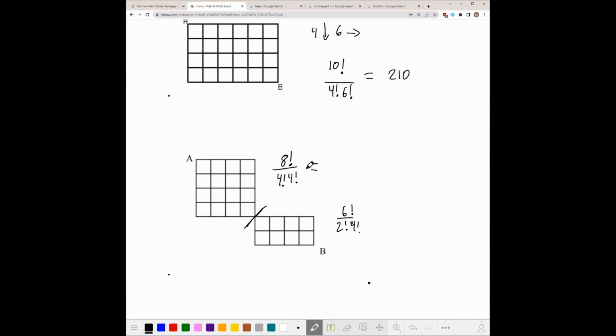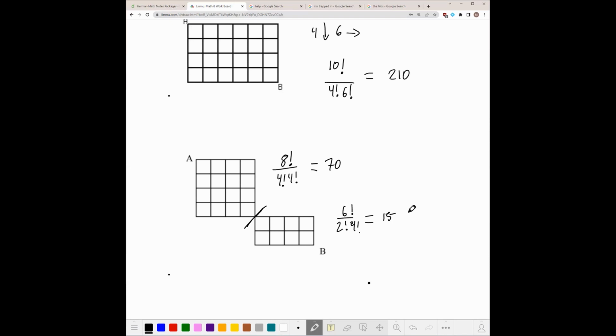8 factorial is 40,320, divided by 24 and then divided by 24 again. So there's 70 ways to get through this box. And then over here, we've got 720 divided by 48, and that's 15. And then we'll multiply these 2 together.